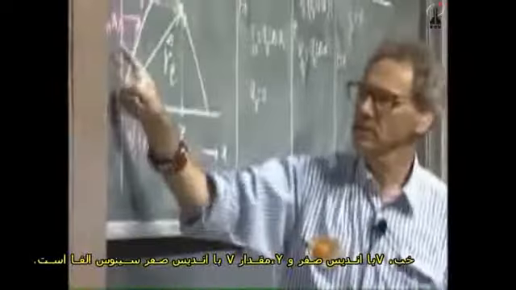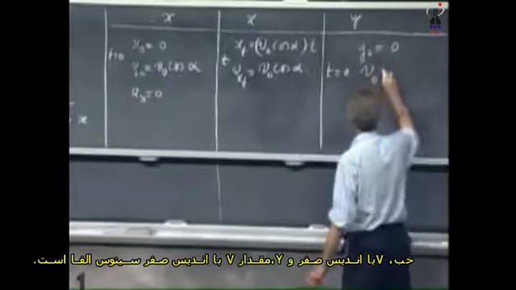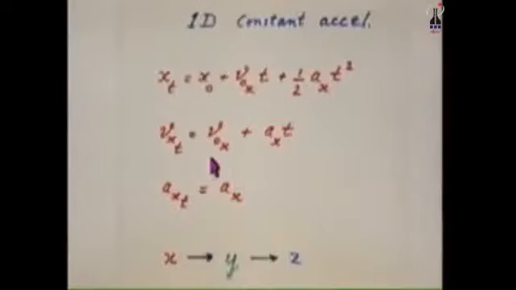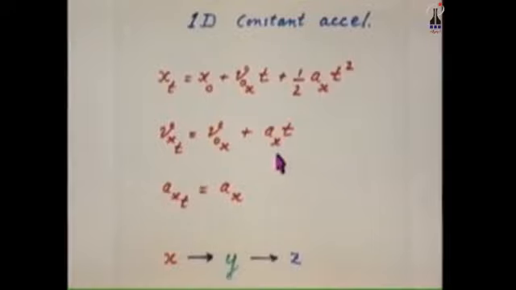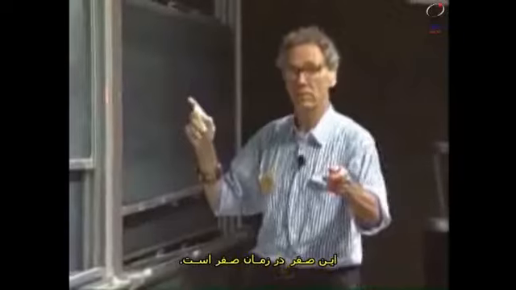I get v0y times t. Well, v0y is this quantity. It's v0 sine alpha. This is v0 sine alpha. That is the velocity at time 0, and this is 0 at time 0.